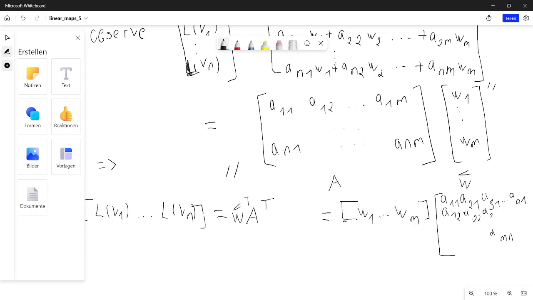A 3, 2, and so on, a, and 2. So the second column going here, going to here. And then we have here, of course, the last column. The last column was the mth, and here we have, all right, that's of course the mth column.